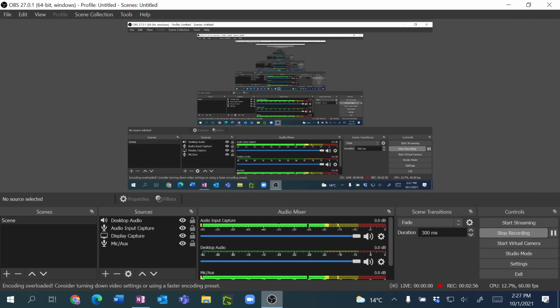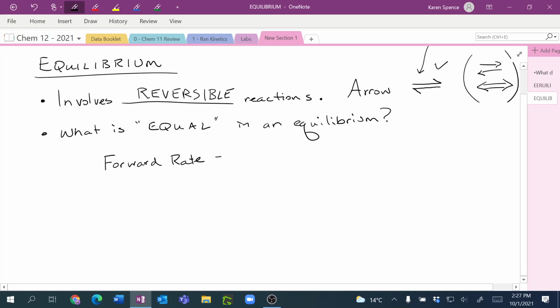I am, yay, is equal to the reverse rate. Is the concentration of products equal to the concentration of reactants in an equilibrium?